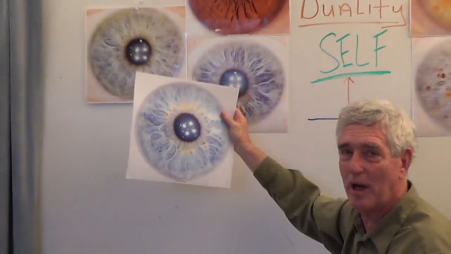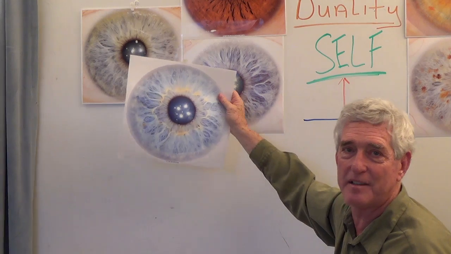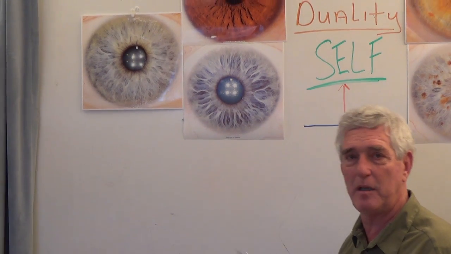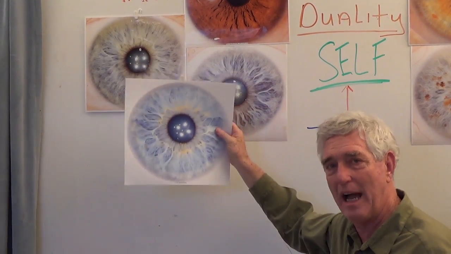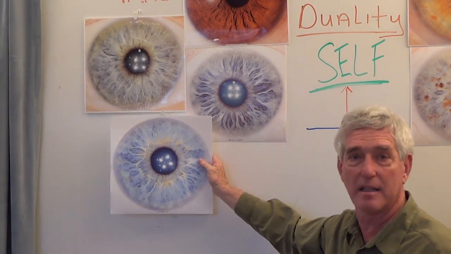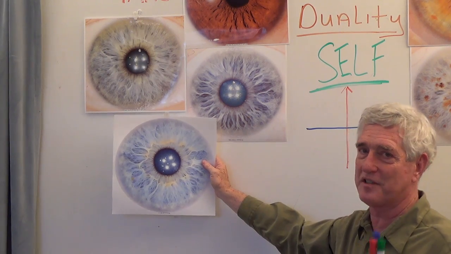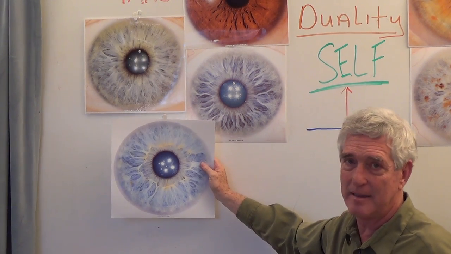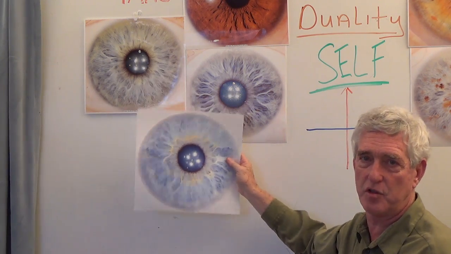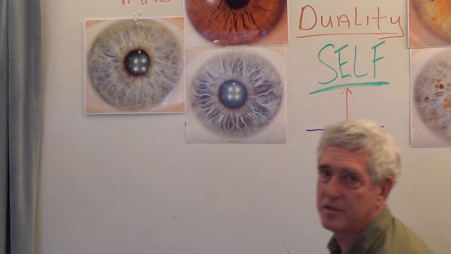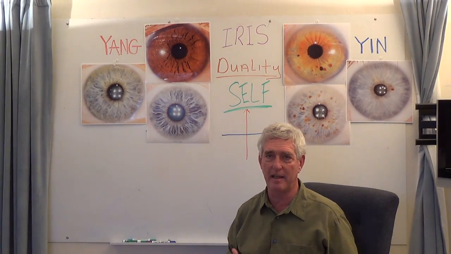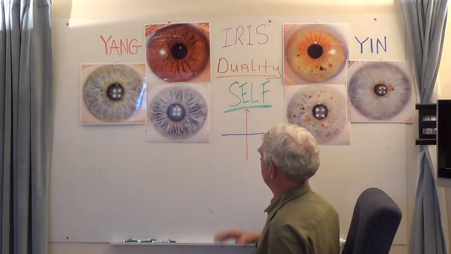And if I am one of these, then what responsibility do I have for how I express this? Can I express this pattern in a loving way, or can I express this in an unloving way? Can I look at how I relate to other people using this constitution or the other constitutions? So that's what we do with an iris understanding of the constitutional pattern.